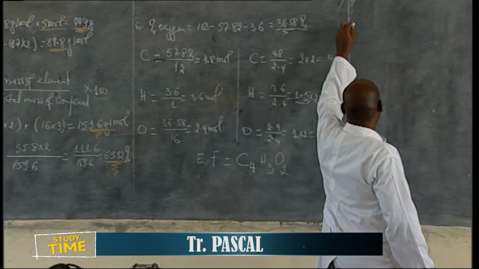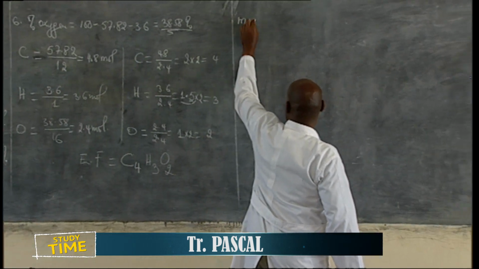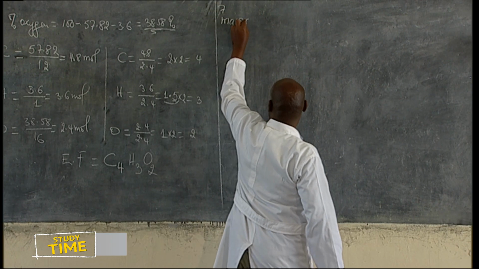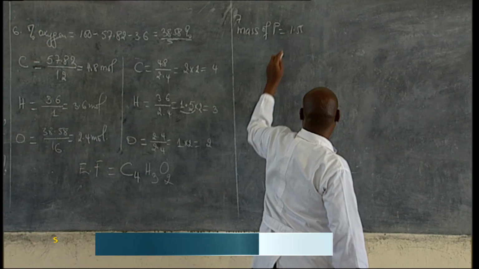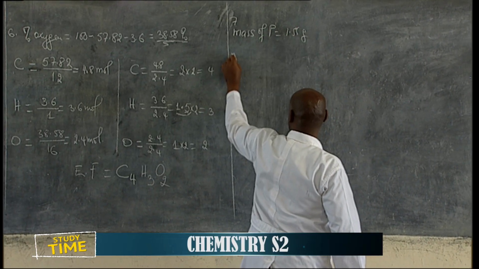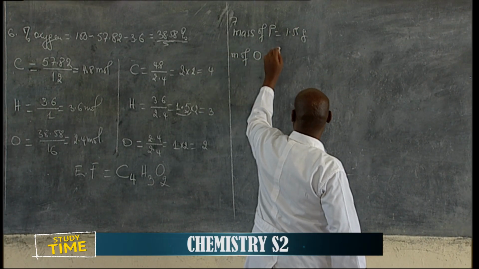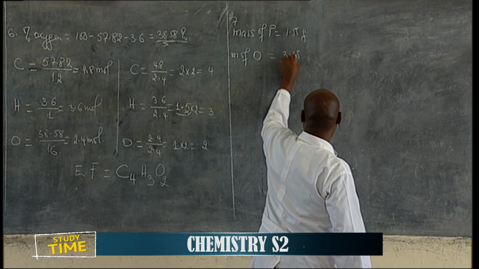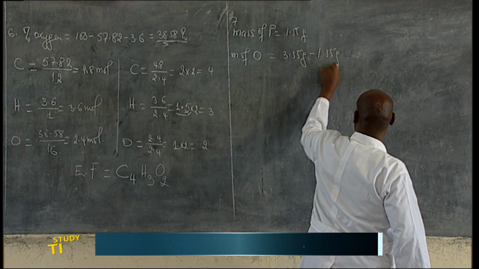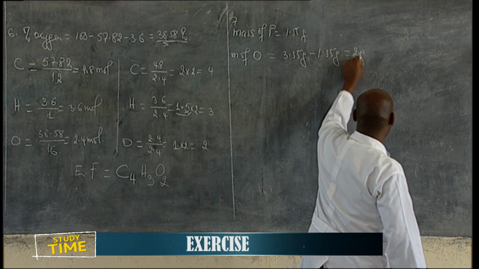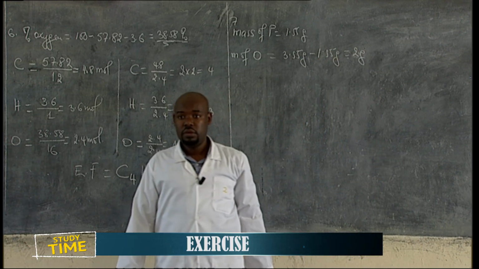We have mass of phosphorus, it's 1.55 grams, and mass of oxygen is 3.55 grams minus 1.55 grams, and we get 2 grams, okay?